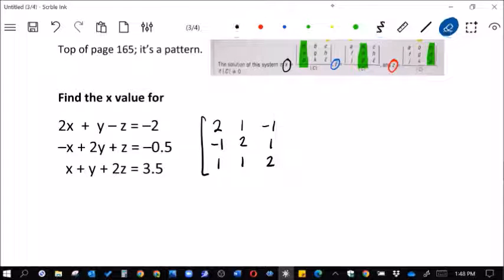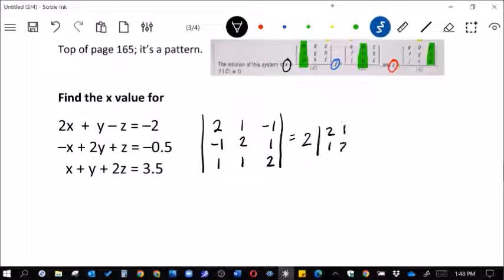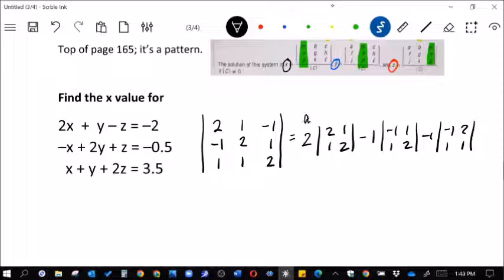I'm going to change those to the lines, saying let's do the determinant of that. Okay, and that determinant is going to be 2, 2, 1, 1, 2, minus 1, minus 1 and 1, 1 and 2, and then minus 1, minus 1 and 1, 2 and 1. So that's A and B and C.